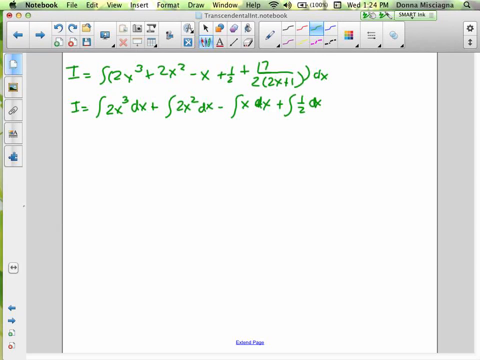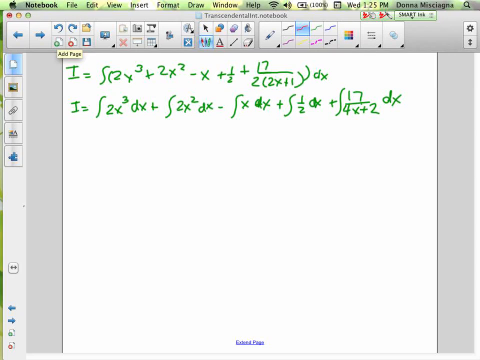dx plus 17 divided by 2, and let's just distribute the 2. 17 divided by 4x plus 2 dx. Guess where we need the substitution, right? On the last little piece there.